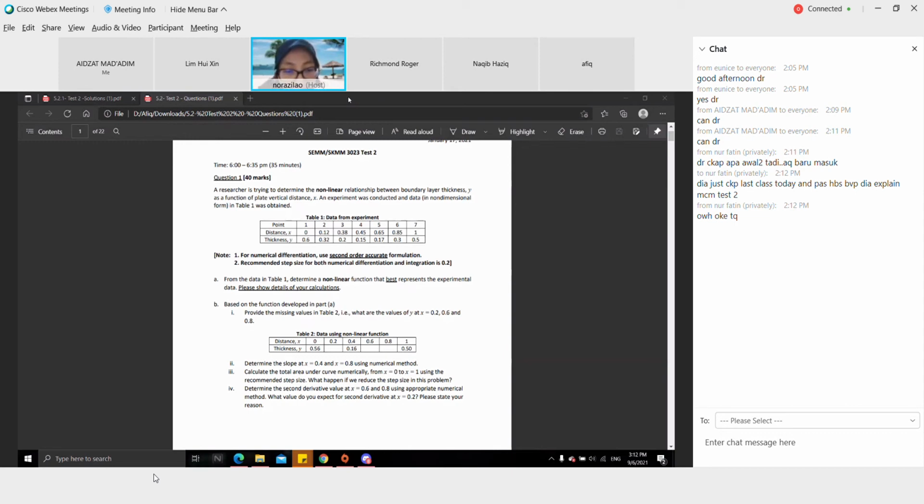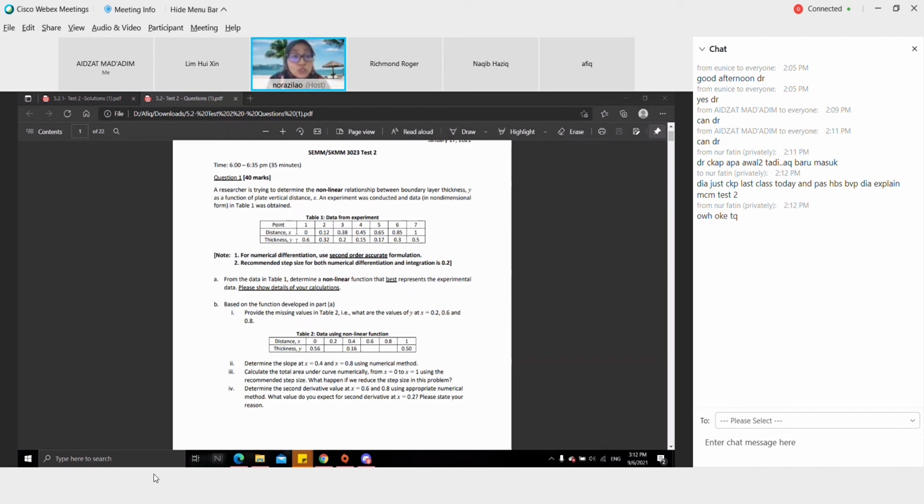Okay? And then number 2. Determine the slope. You know what I said earlier about slope? When it comes to a slope question, it must be finite difference.